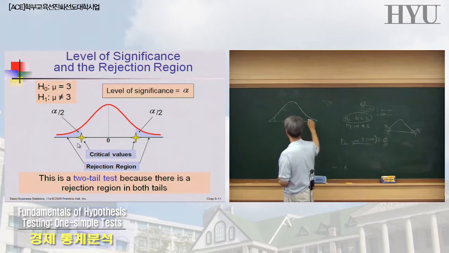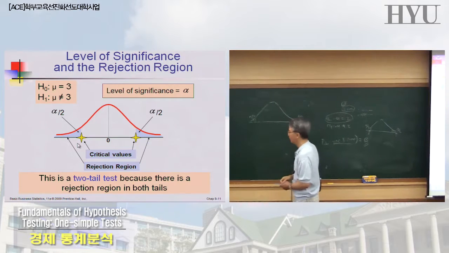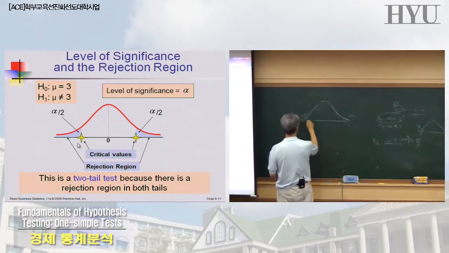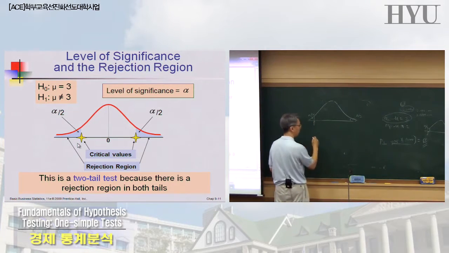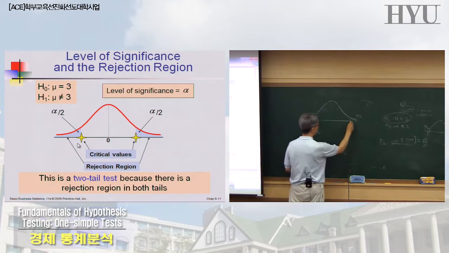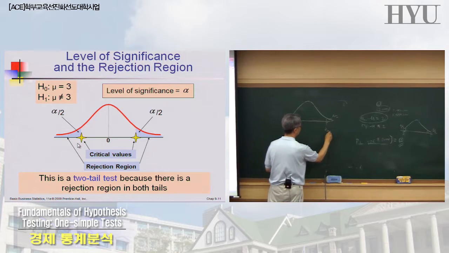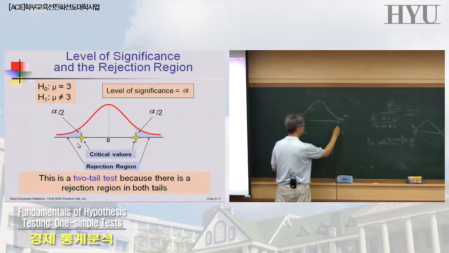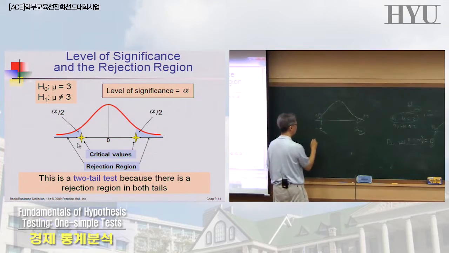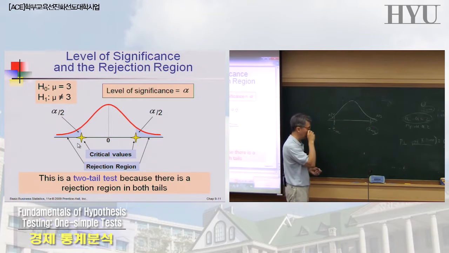Because we are setting aside alpha divided by 2 and alpha divided by 2 on each side, right? The next step is we have to find the z-score, which has alpha divided by 2 on its outside. Z-score alpha divided by 2. So if this is z alpha divided by 2, this is negative z alpha divided by 2 because it's symmetric, right?